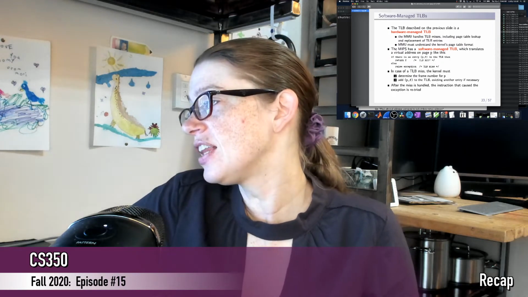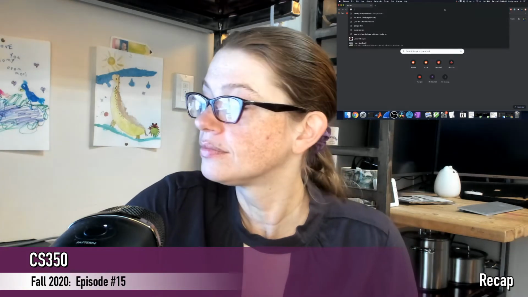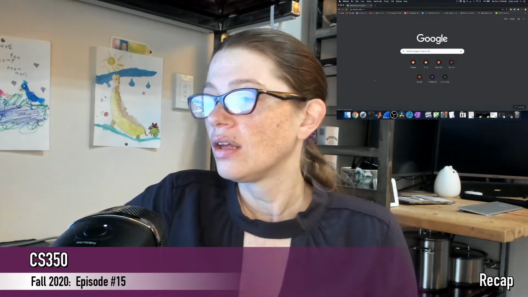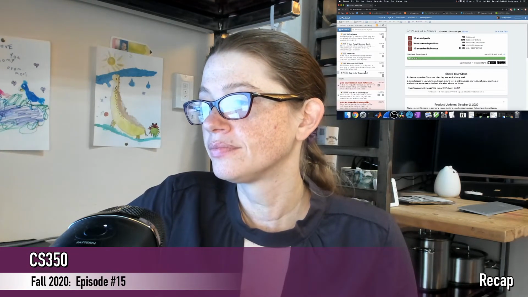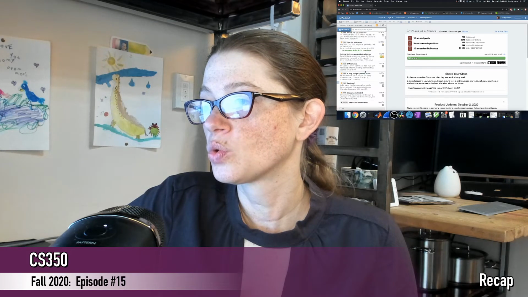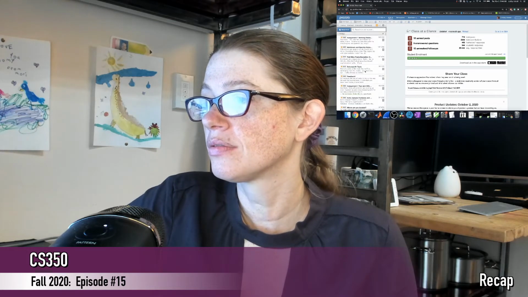And in particular, I highly recommend that you go on Piazza, and there is a virtual memory guide. See if it opens up here. I don't care about the cookies. Is this terms?